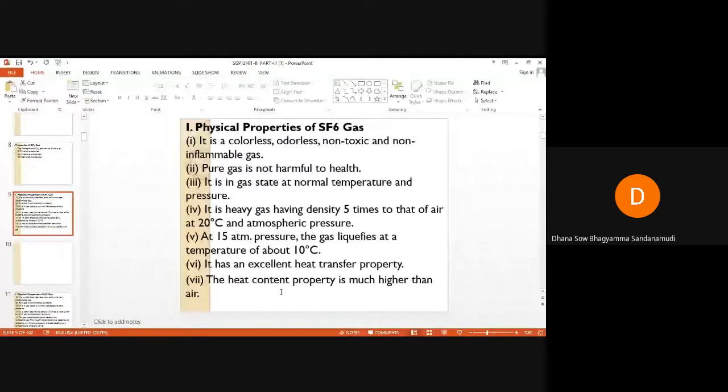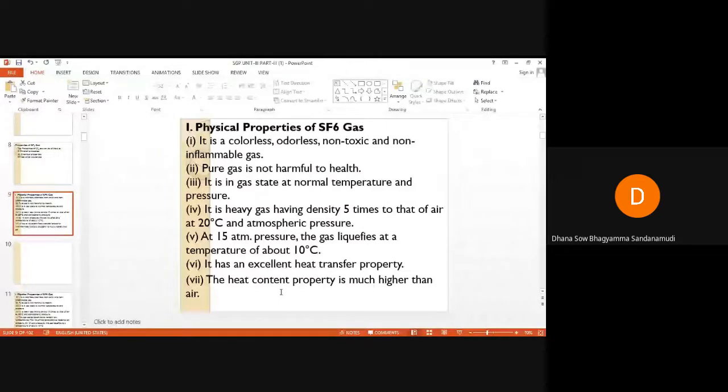It has an excellent heat transfer property. The heat transfer capability of SF6 is 2 to 2.5 times that of air at the same pressure. Under the same pressure, if you compare the heat transfer capability of SF6 with air, SF6 can transfer 2 to 2.5 times that of air.